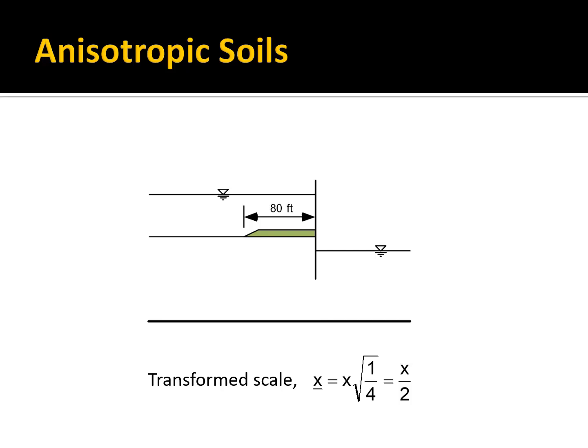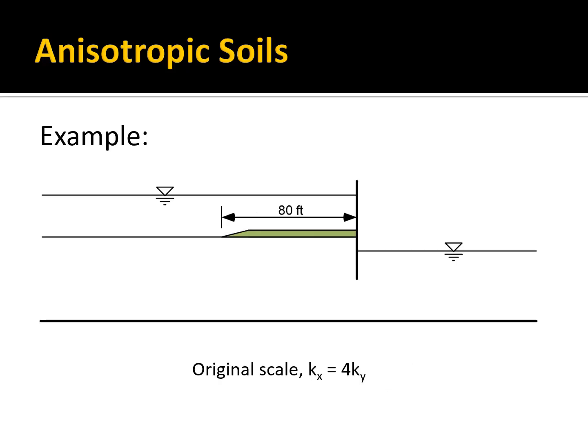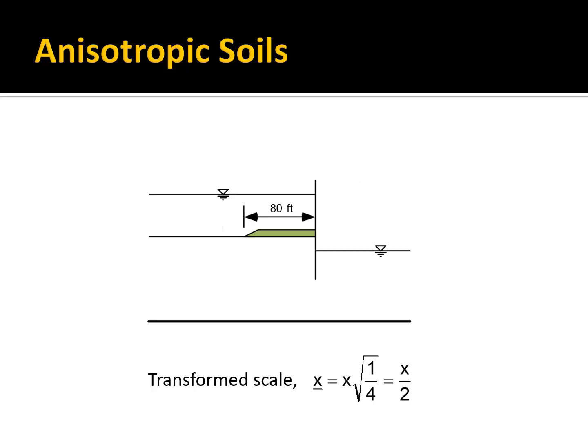Now, I've drawn a lot of flownets this way, and what I do is I create my original drawing in a drawing program, and then I just group everything, and then I resize it: you right-click and change the size, and in this case I would just make the width 1/2 of what the width was before. And you end up with this version, which in this case has been shrunk by a factor of 2 in the x direction.